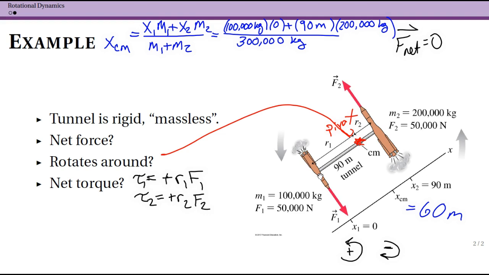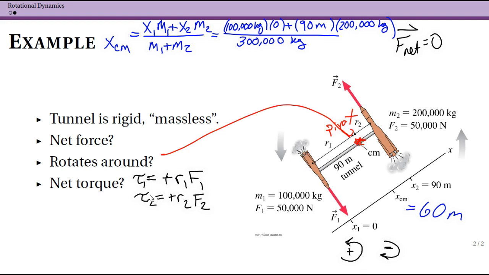So for the torque from rocket 1, we see that the radial distance and the force are perpendicular, so we can just multiply that distance times the force. The angle itself is 90 degrees, sine of 90 is 1. So note that if I just think about this force pushing, which way is this going to turn? This rocket would be going counterclockwise.